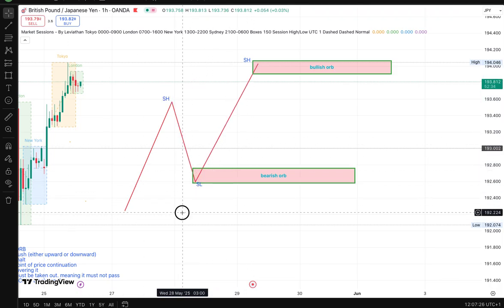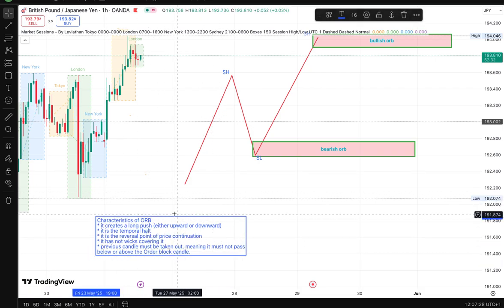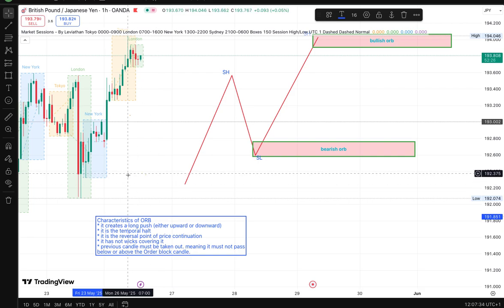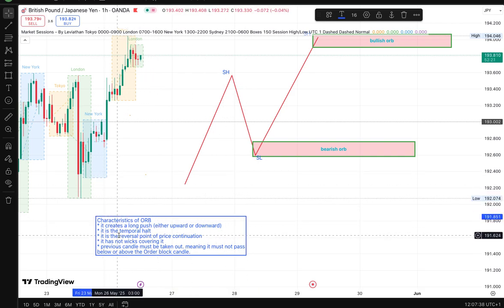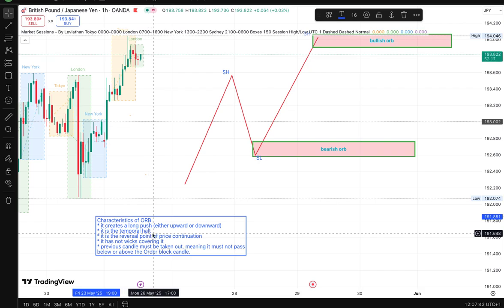All right. So now we need to follow the characteristics of the order blocks, meaning that when you tell that this is an order block, it must create a long push either upward or downward. Secondly, it is a temporal halt, like a temporary stop of the price. It is the reversal point of price continuation.